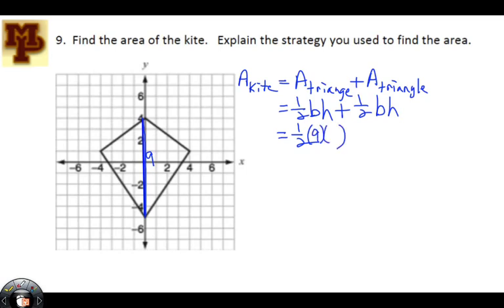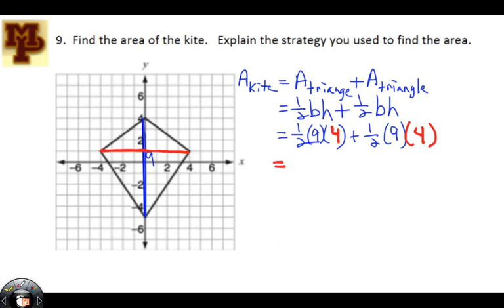And then the height is this length from here to here. So we can count that too. So that's 1, 2, 3, 4. So we'll put in the height as 4. Okay, so we got same thing twice. So base 9, and then again the height is this length here, so that's 4.